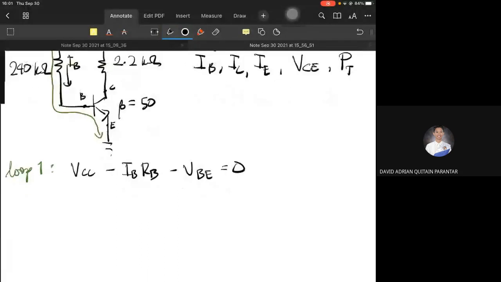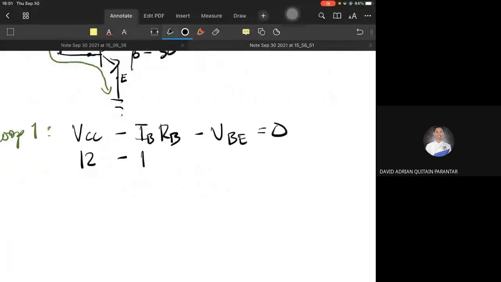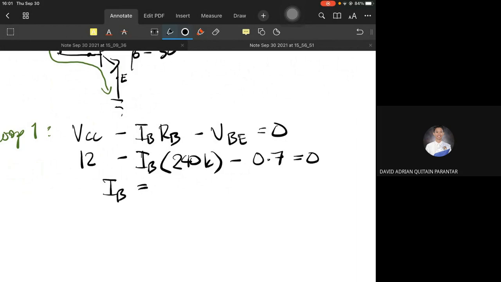VCC is given, that's 12 volts. IB is unknown. RB is given, 240 kilo ohms. VBE, 0.7, equal to 0.